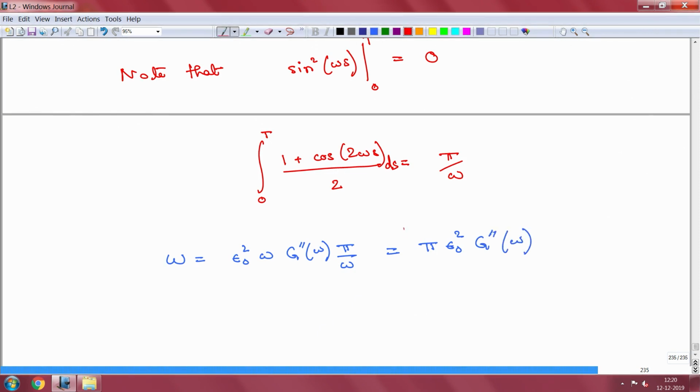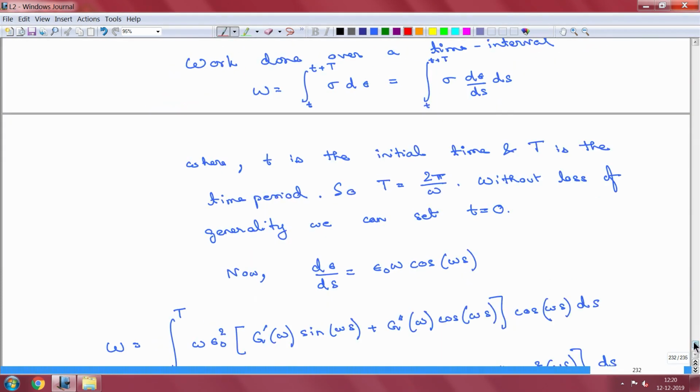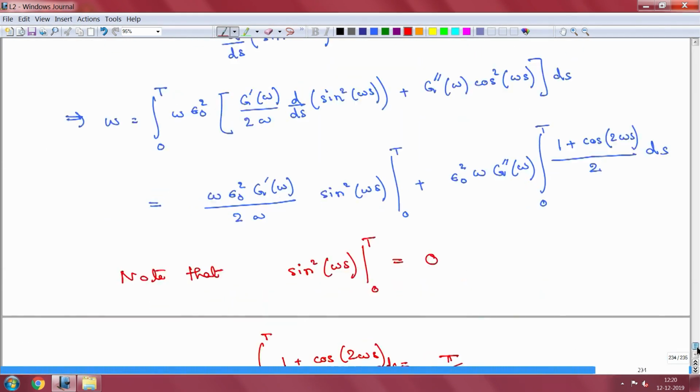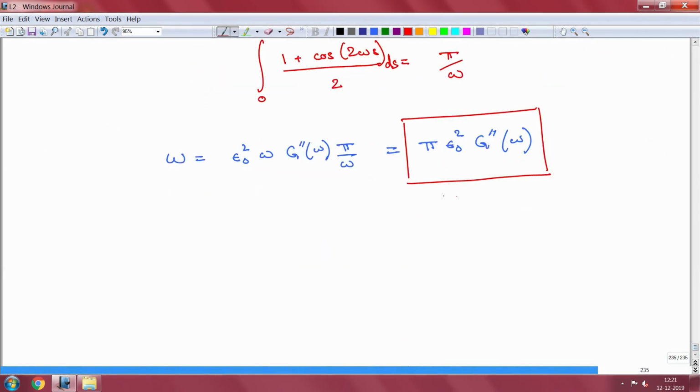So, this is our answer that we are seeking right here. When we started out with the problem and had not even finished the full integration, we had already said, just using our understanding of trigonometry, that this first term is going to drop out and the second term is the one which is going to contribute to the work done, right. And surely that is what we see. We only have the g double dash term here, and the g dash term does not come.